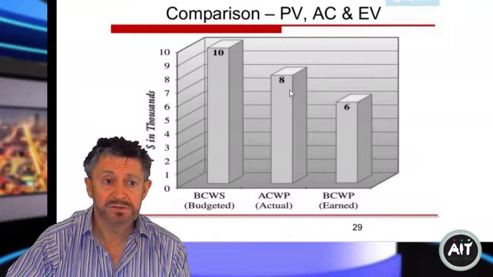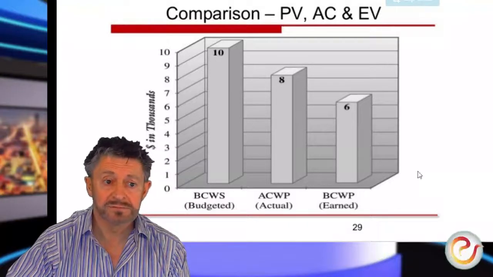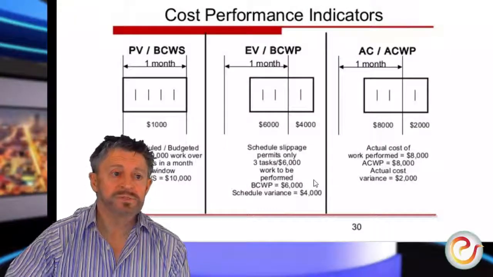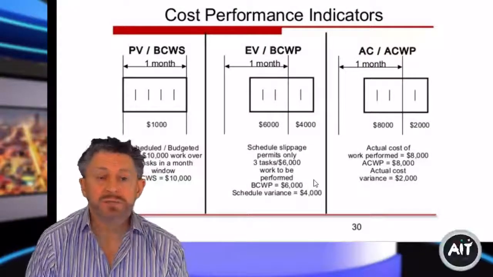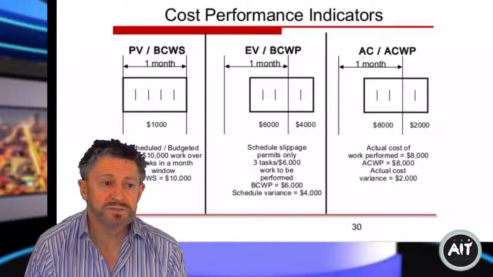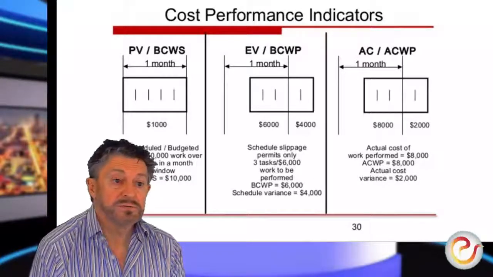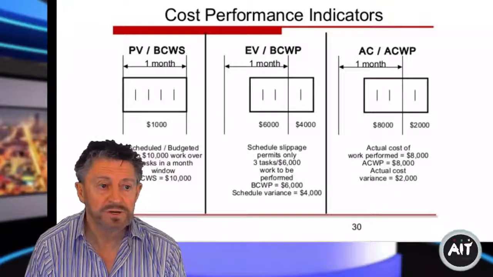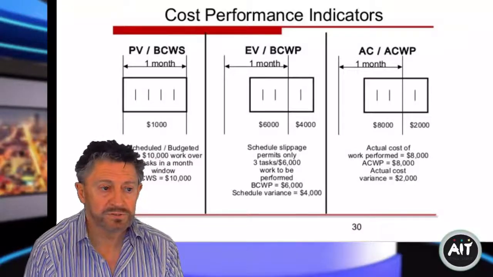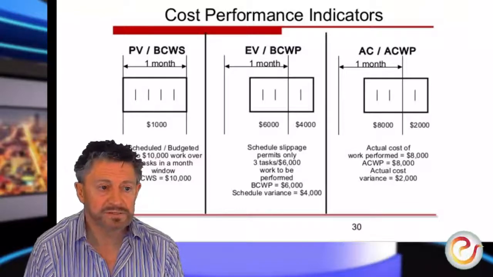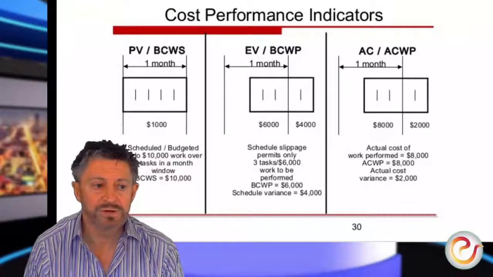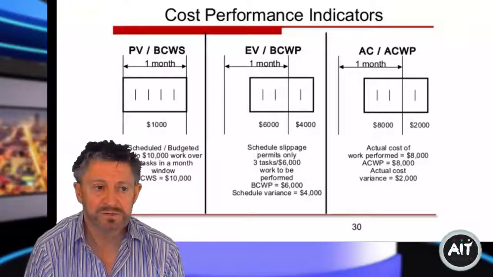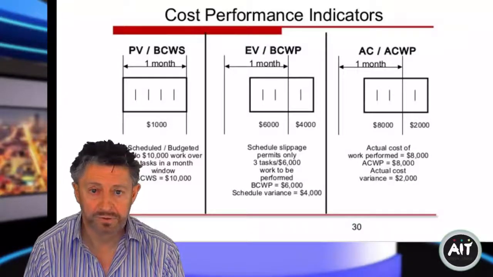So 6,000, 8,000 and 10,000. Now look what's happened. We can see that the planned value, the budget cost of work scheduled for 1 month, was 10,000 per month.